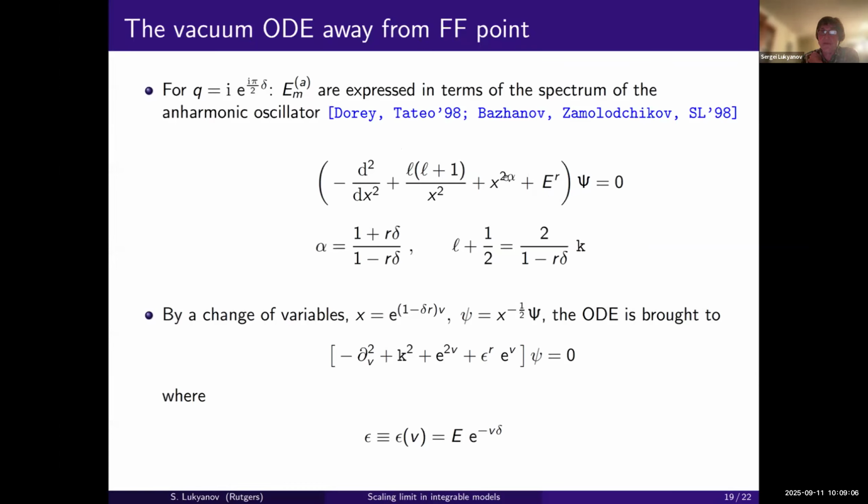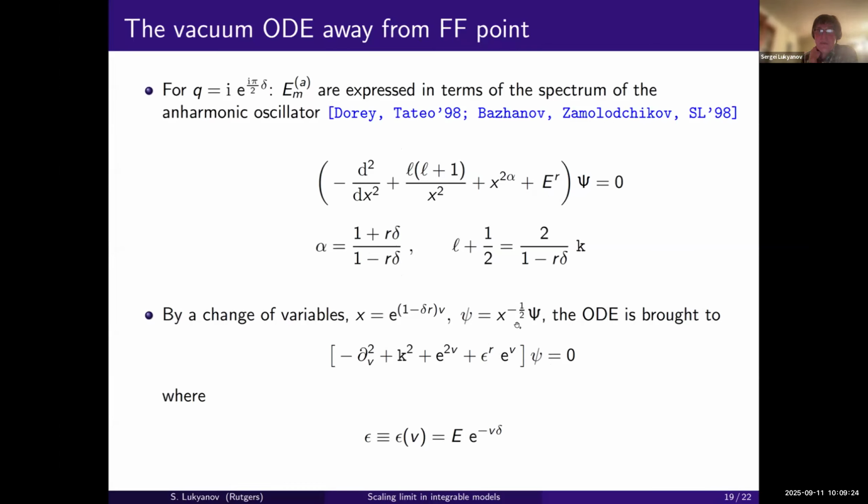The parameter of anharmonicity is related to the parameter delta, which is the deviation from the free fermion point. In many cases, it is more convenient to work in different coordinates and perform an exponential change of variables and write the equation in such a way.